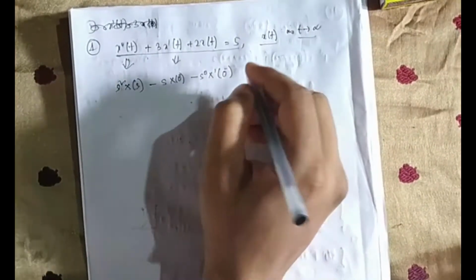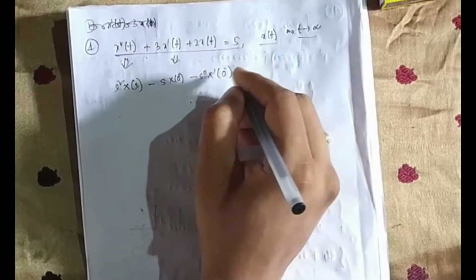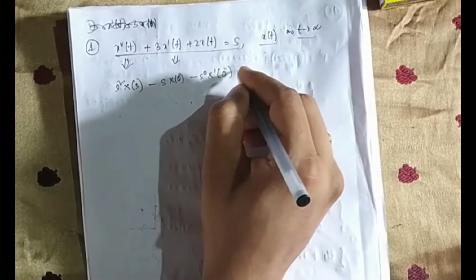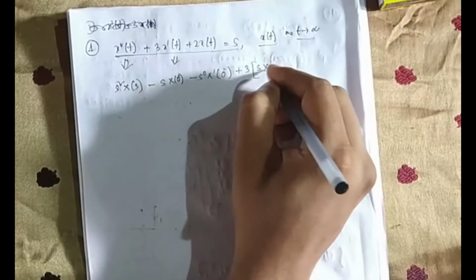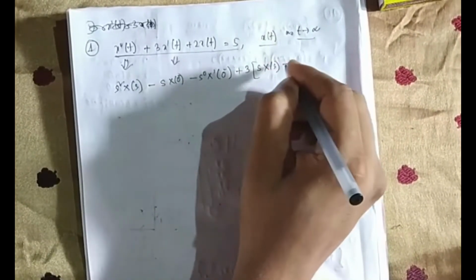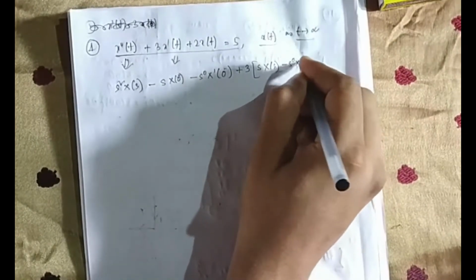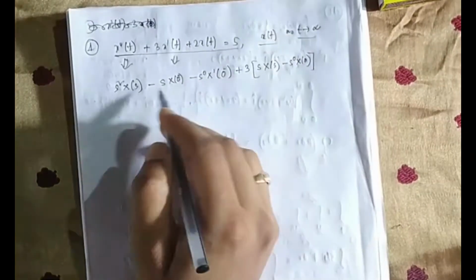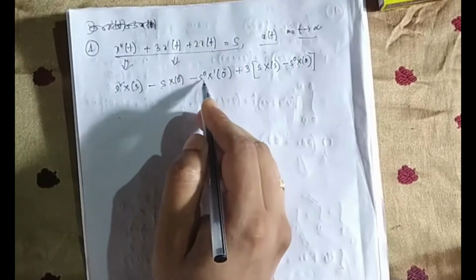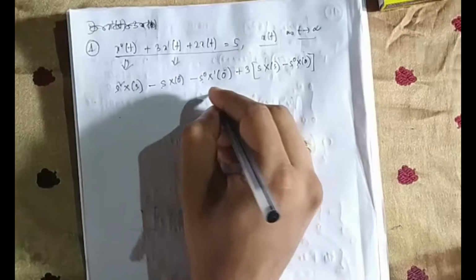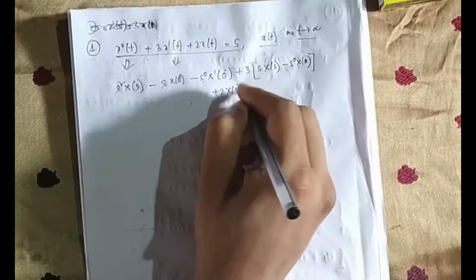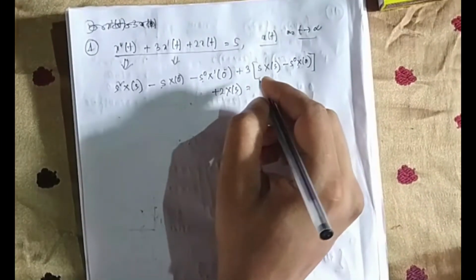If 0 minus is not there, then you put 0, but actually it is 0 minus. Plus 3 times, for the single dash, it will be s X(s) minus x(0). For the cube it will be X(s) times s square, then s1, then for s0 it will be x double dash. So you can feel it, it's easy. Once you write the first one, then the rest becomes very easy.